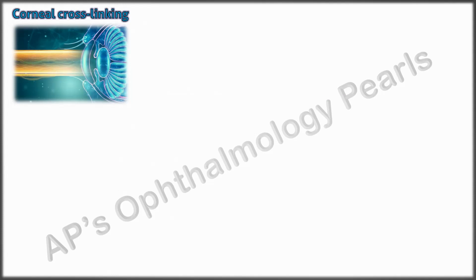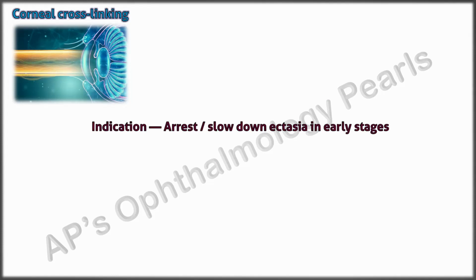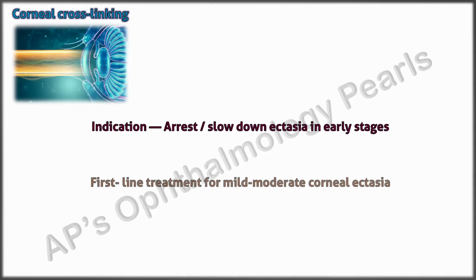Corneal cross-linking is indicated to arrest or slow the progression of corneal ectasia in its earlier stages to preserve visual function and avoid the need for corneal transplantation. Our case is neither progressive nor early. Corneal cross-linking is the first line of treatment for mild to moderate corneal ectasia. Again, same, our case is an advanced case, not an early case.